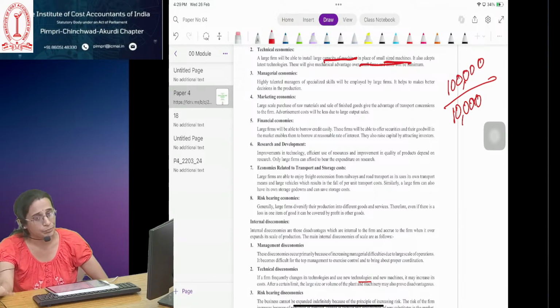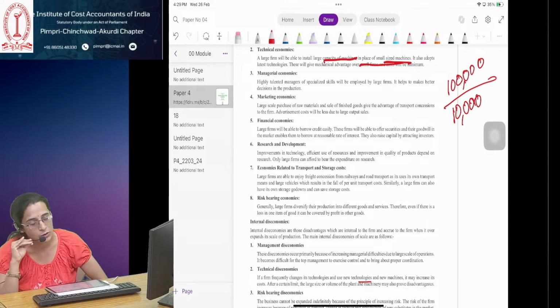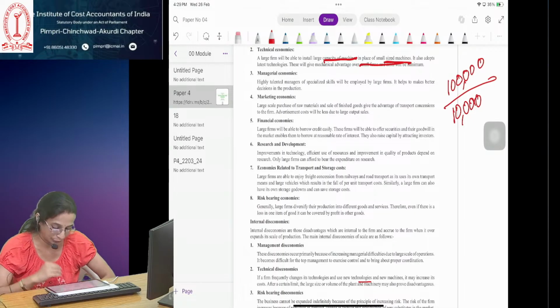Instead, if we ourselves have a storage godown and store our raw material or finished goods in that godown, our cost will be less instead of outsourcing the storage to another person. So here also they are saving the cost, and so the profit will increase and they will get an advantage.